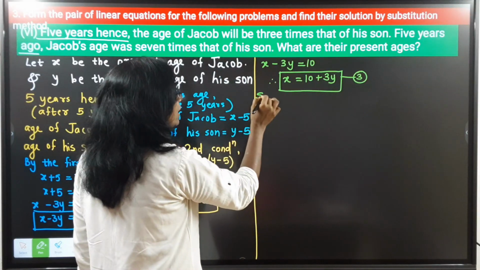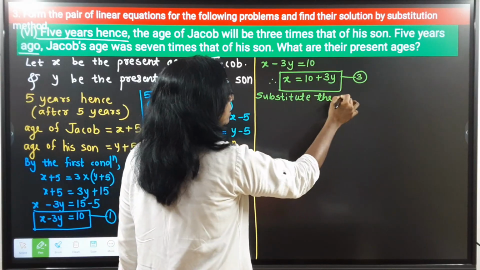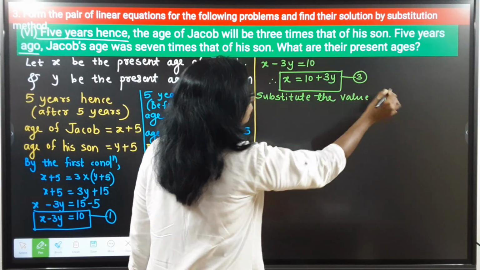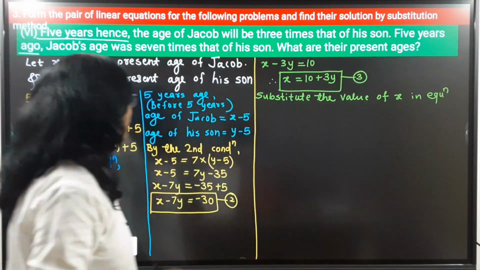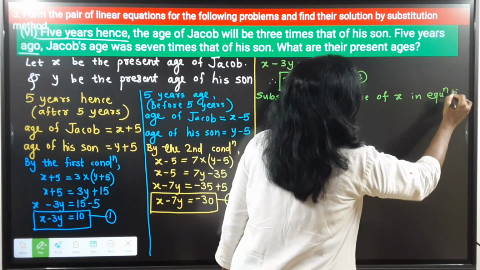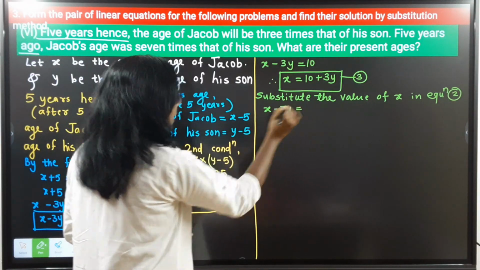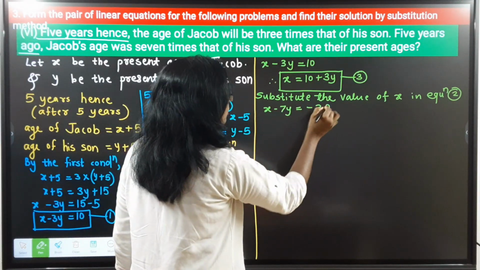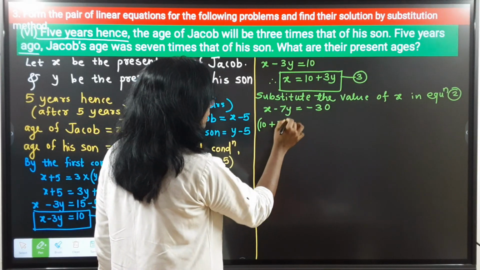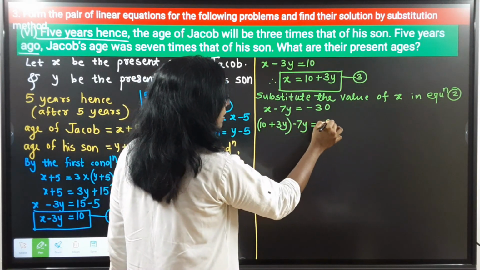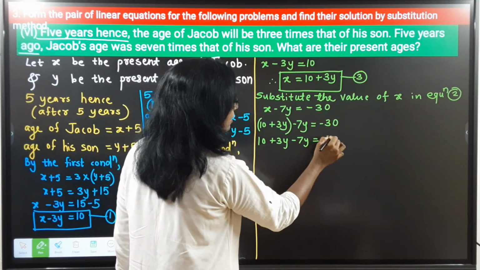Now I say substitute the value of x in equation 2. The second equation, x minus 7y is equal to minus 30. So in place of x, I write 10 plus 3y minus 7y is equal to minus 30.